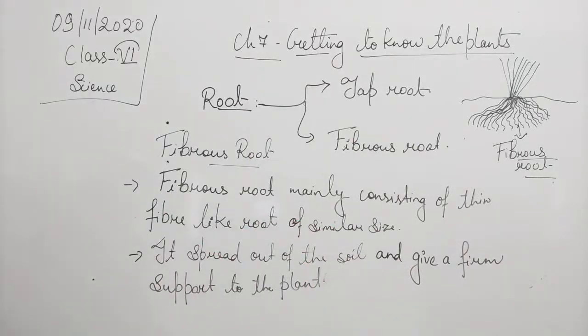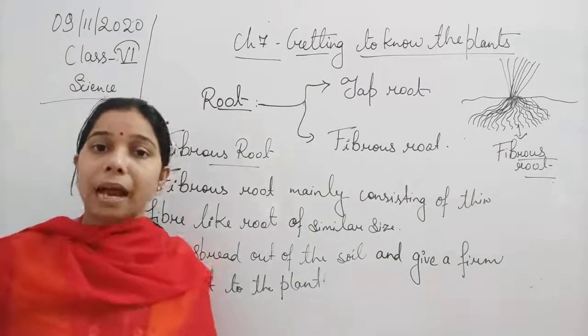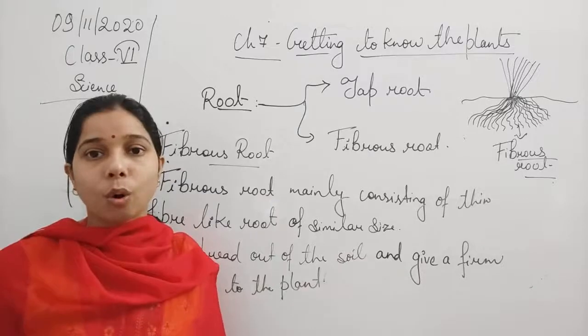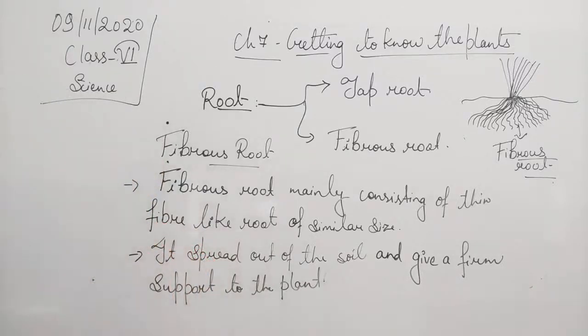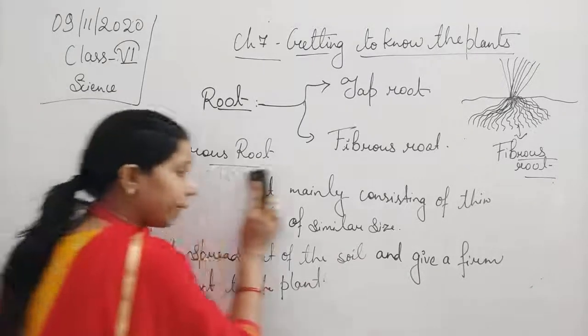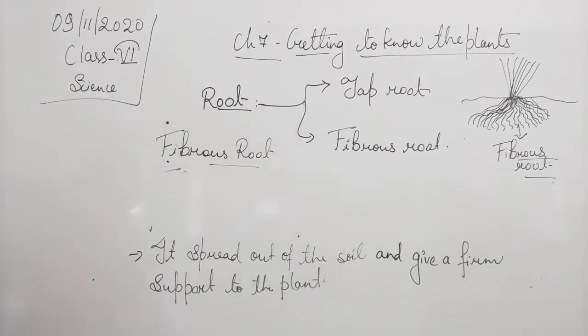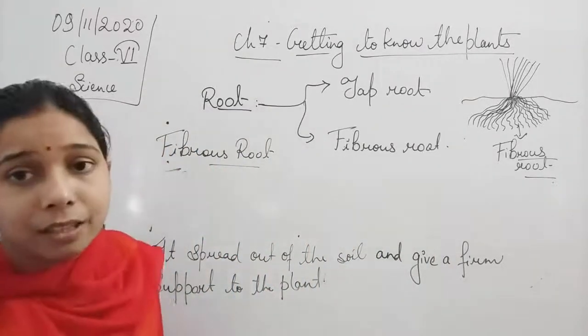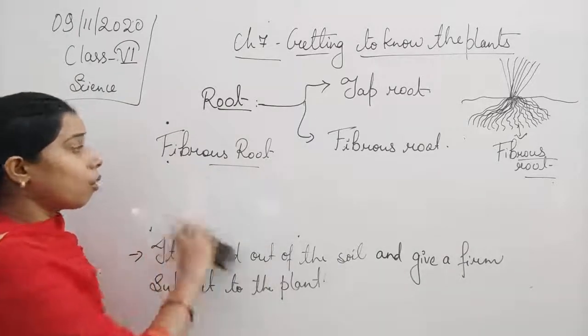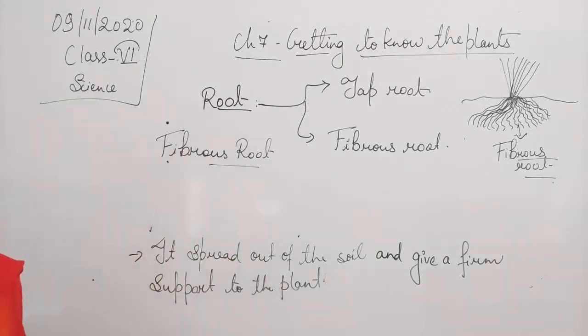Okay. What are the different examples, students? What kind of plants possess the fibrous kind of root? So you see, students, grass is there, maize is there, and sweet potato is there, paddy plant is there. These all consist of the fibrous root.